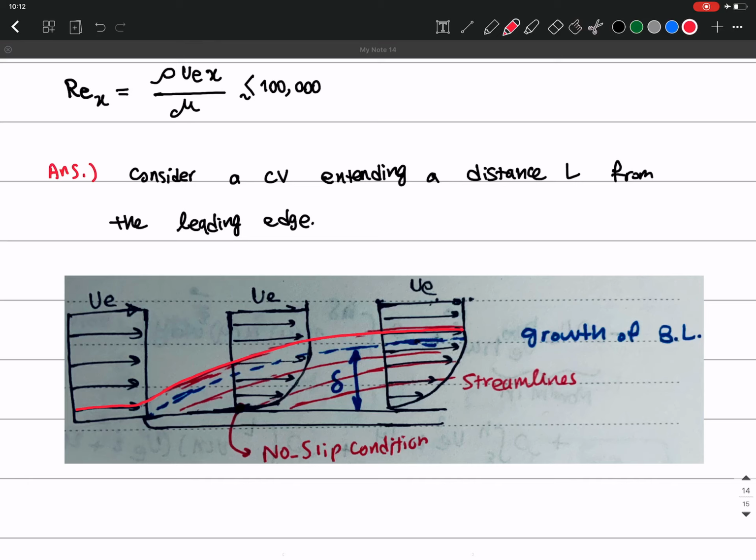And here, if say you have a velocity, let me show it with another color, a velocity ue, and you want to show its streamline, it will go something like this. Okay. And so these will be the streamlines of the velocity.